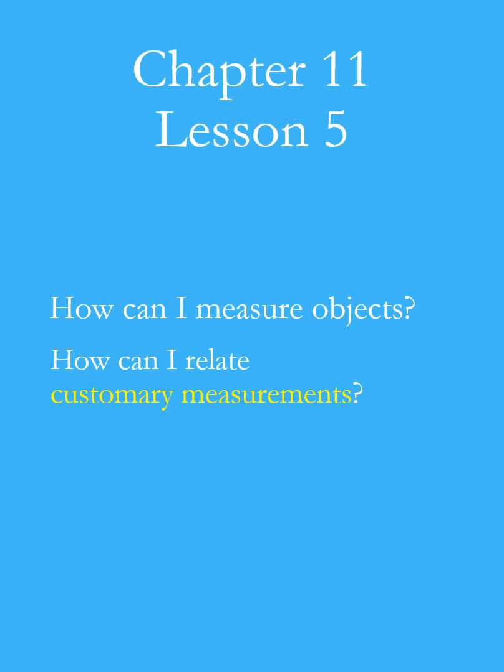The new word here is relate. How can I relate customary measurements? And what that means is, how can I show that two things are the same? How can I show that two things are connected? So, for example, when you see a question like this, if it says the TV is 1 yard long, how many feet is it?